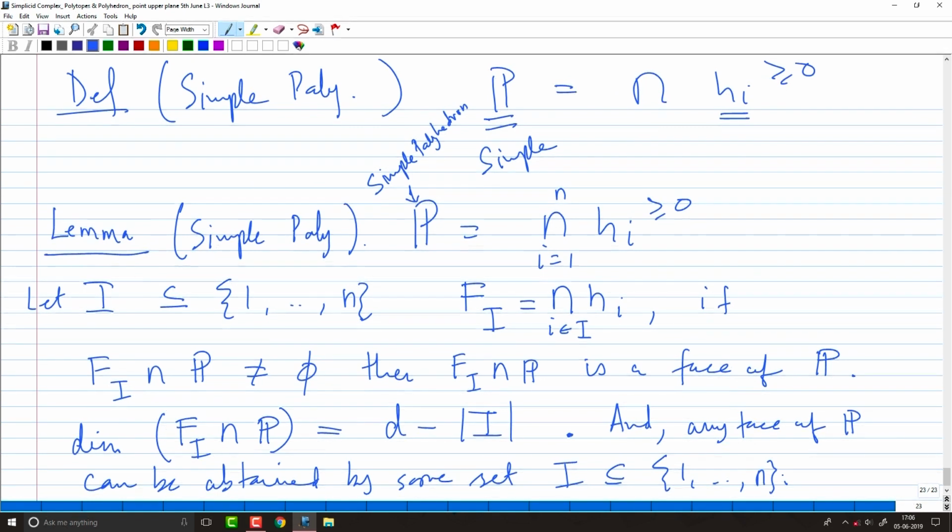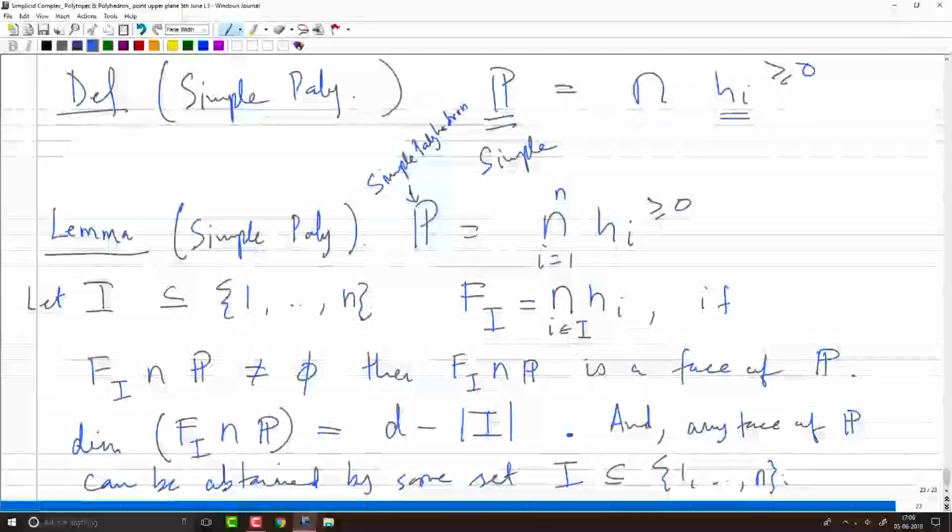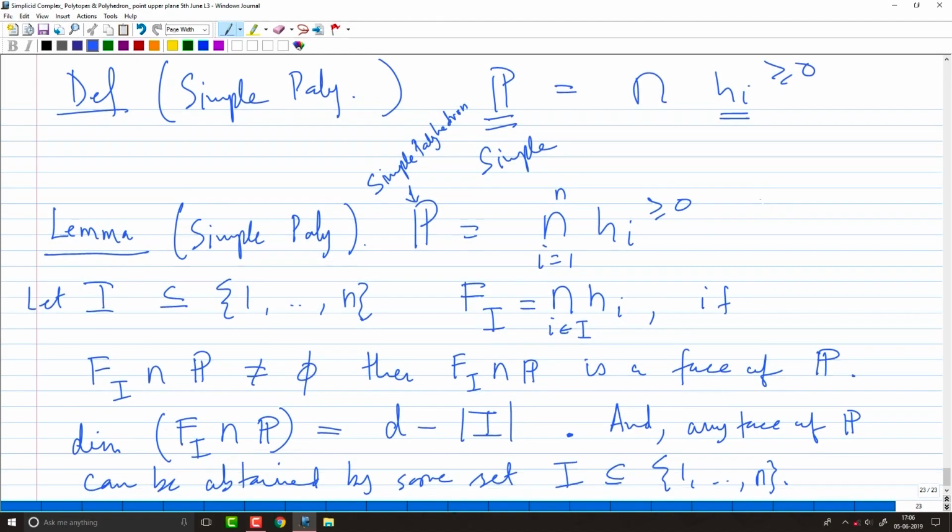What are we trying to say? Your polyhedron is basically the intersection of these half planes, hi greater than or equal to 0. Now I said, select some index set I from 1 to n, and let us say that the intersection of these hi's, where i belongs to I, with the polytope is non-empty. That can happen, right?